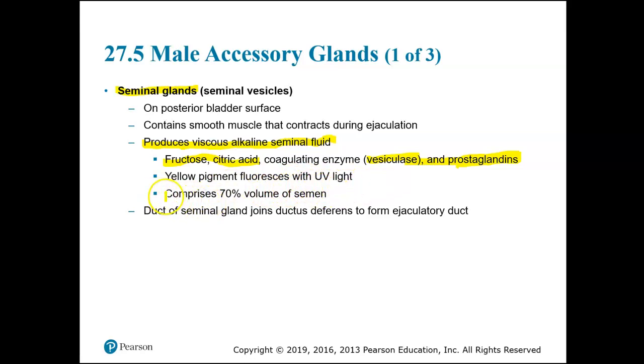That doesn't really matter. And the seminal glands take up 70% of the volume of the semen. Okay, and the fructose, by the way, is to give energy to the sperm. It's their source of energy. They have a lot of mitochondria in the tail so that they can swim, and they need the fructose to supply them with energy.